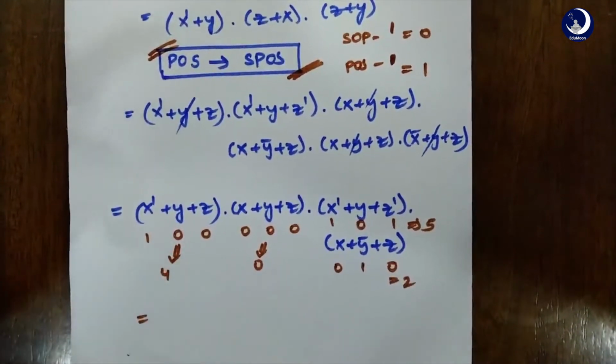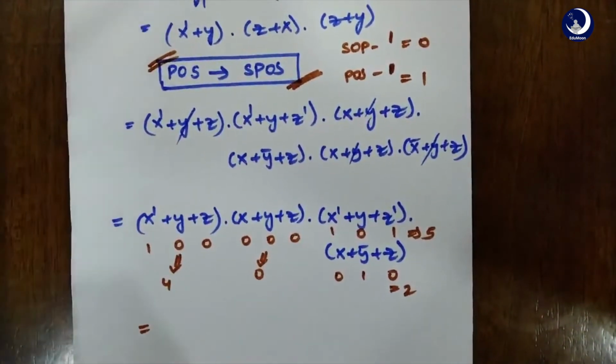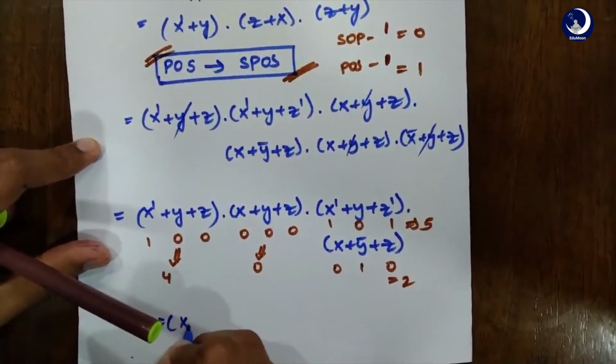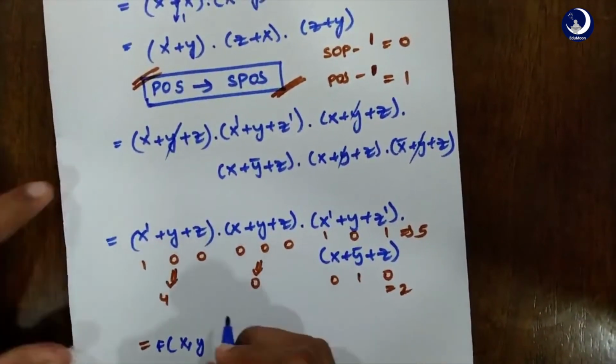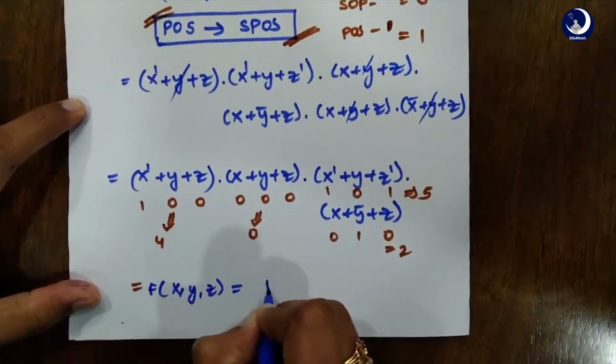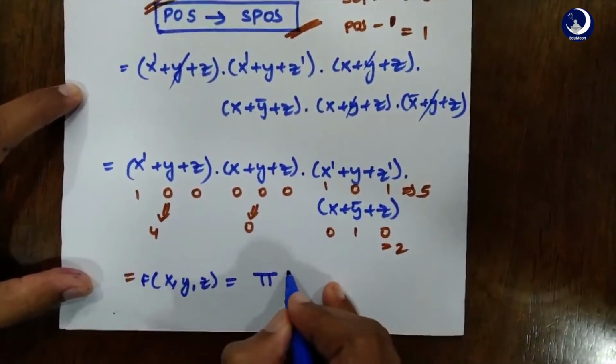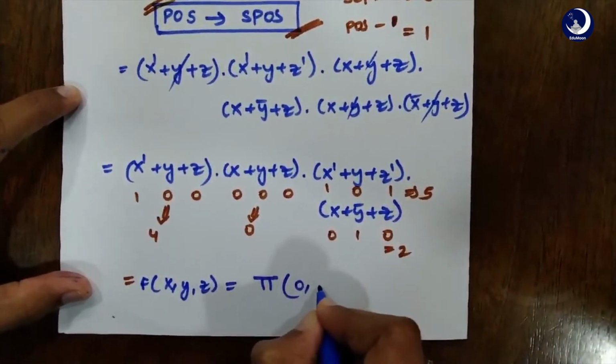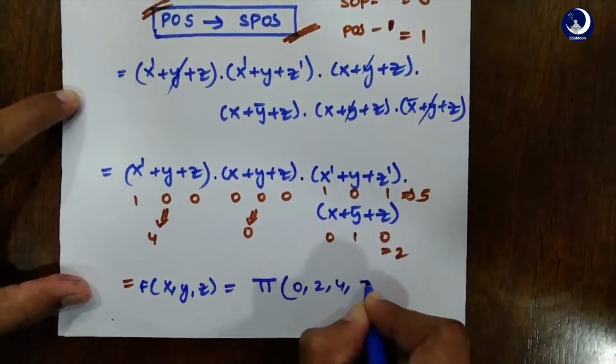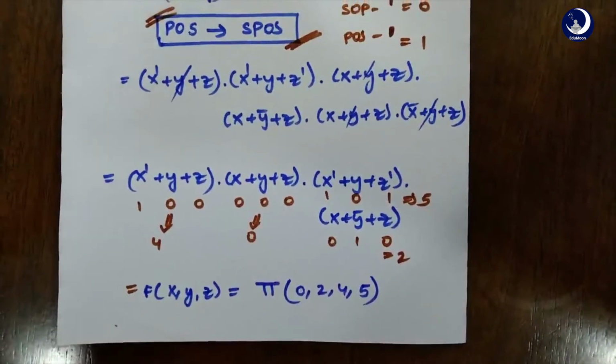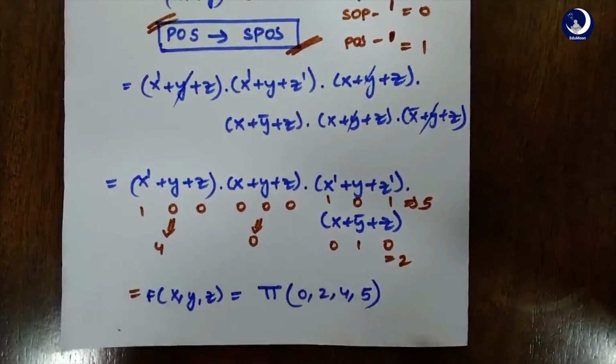So finally your answer can be f of x, y, z equals pi of 0, 2, 4, 5, because this is a POS problem. It's done. Now let's look at the other problem.